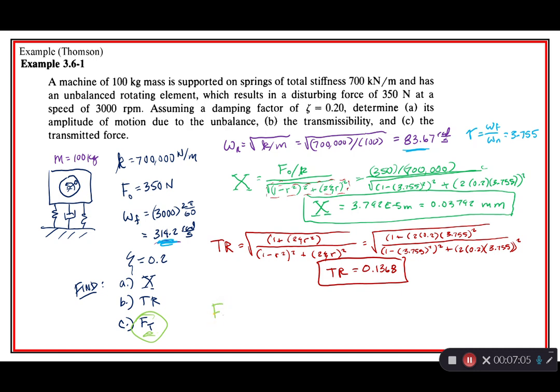So we take that FT, and the equation for the FT that we had on the previous page looks like this: 1 plus 2 zeta r squared.